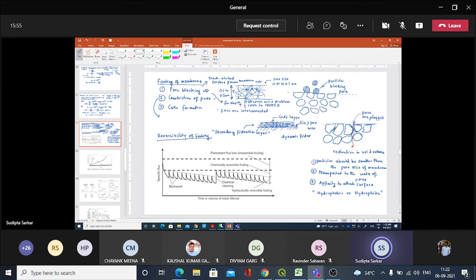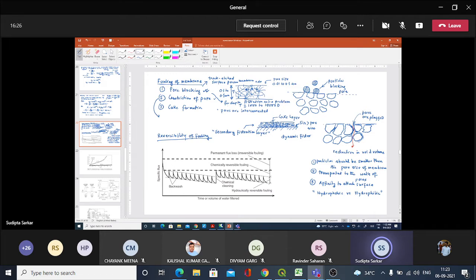Sometimes, suppose these are small particles which got adsorbed to the surface. If something gets adsorbed on the surface, then it is not just the position of the particle on the surface; it is held by some other type of force.